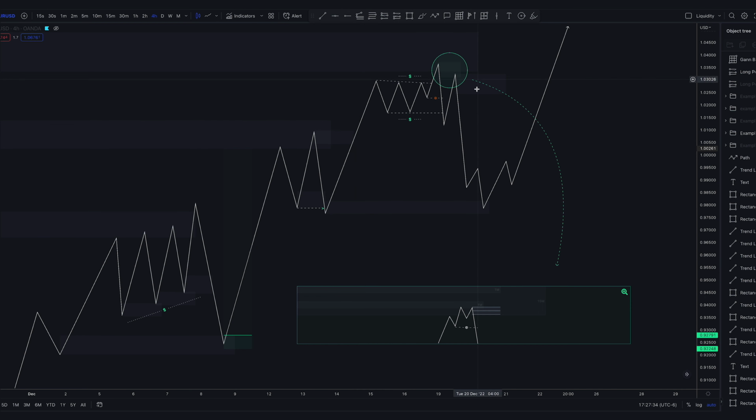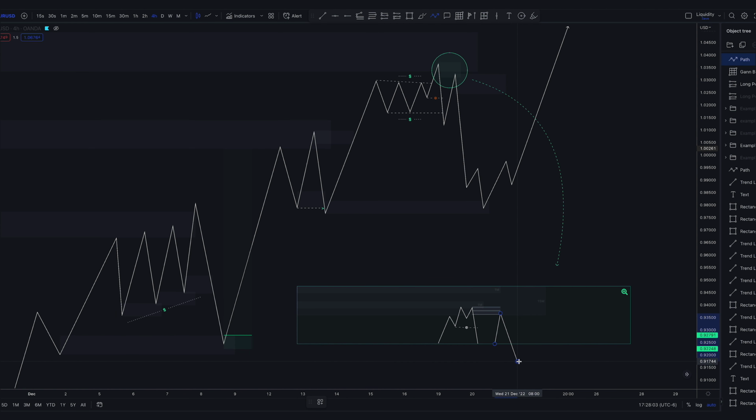After we had the CHoCH and break down here, this push here created this supply, correct? Remember, because we had a fractal CHoCH, it created this supply.